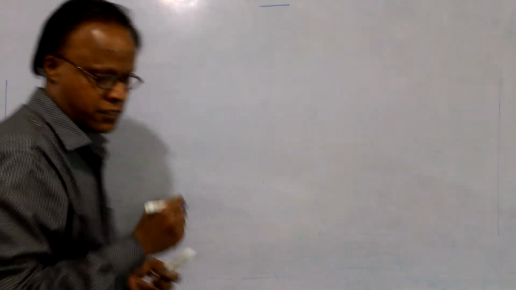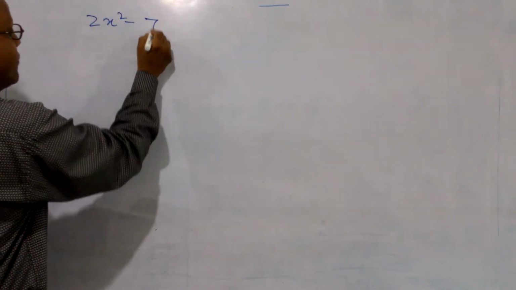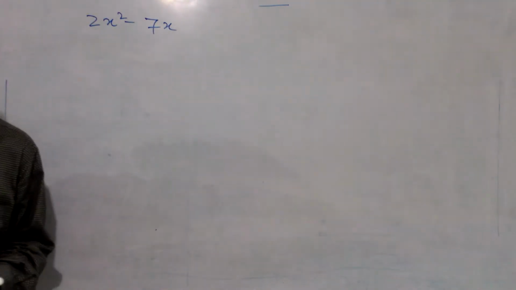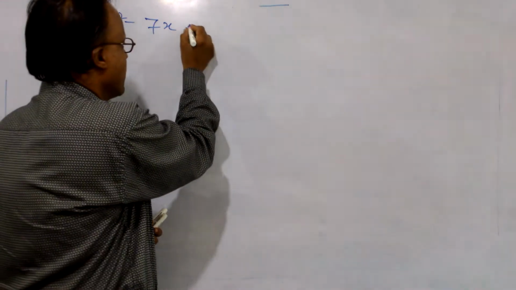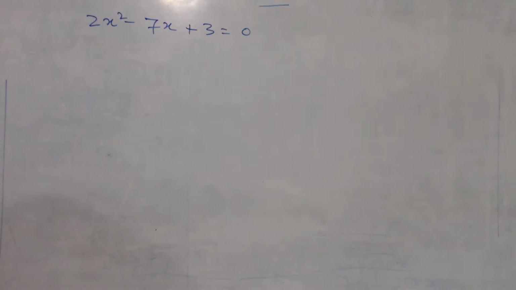Solve the quadratic equation 2x square minus 7x plus 3 equal to 0. I repeat the question again. Please note down.